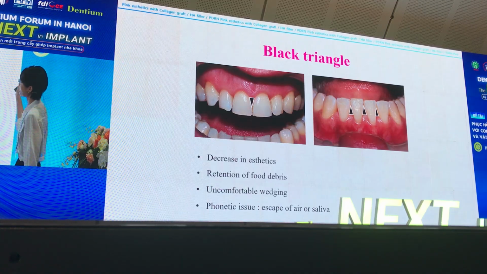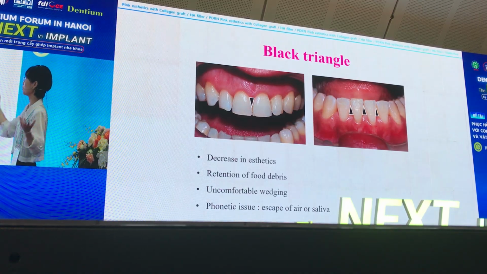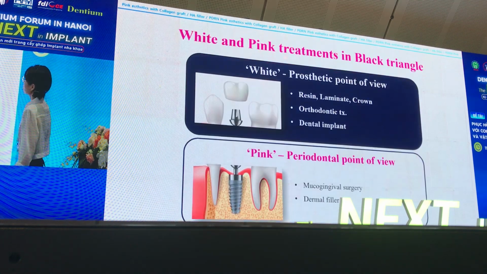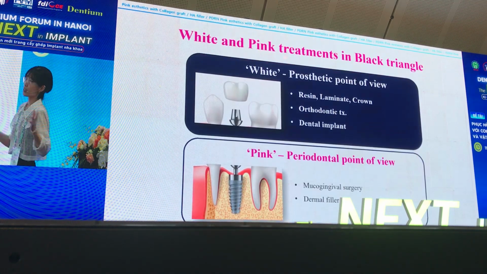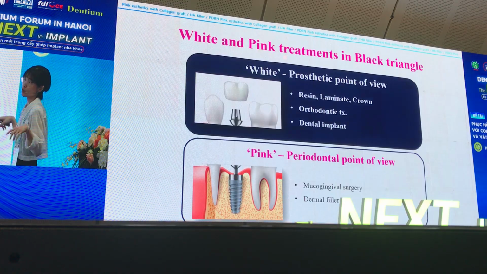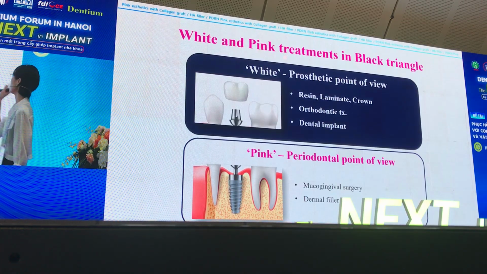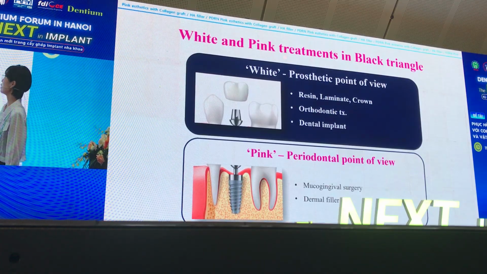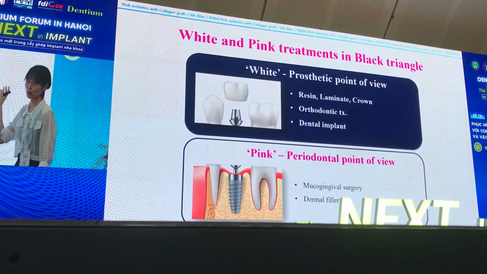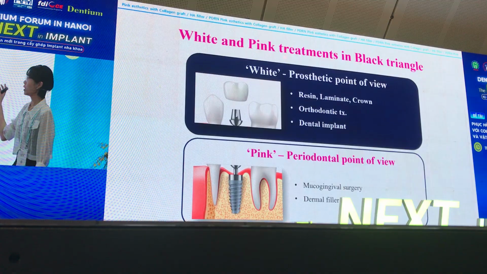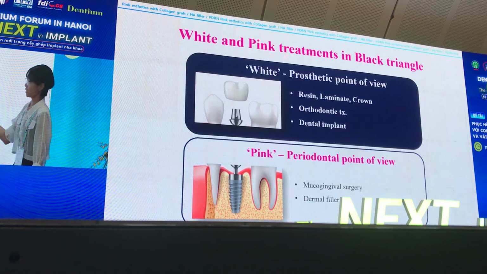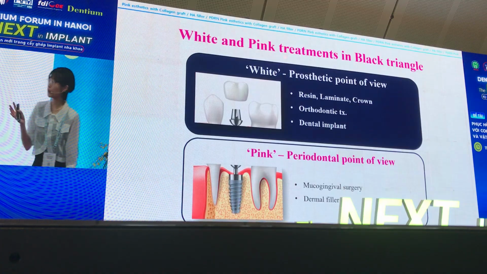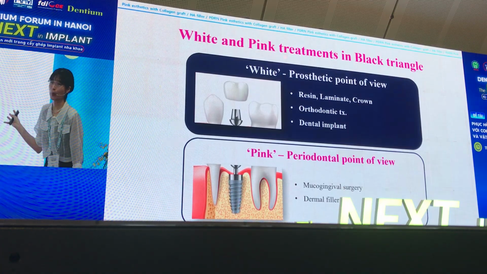It can also cause phonetic issues, the escape of air, and also saliva. There are two represented parts of the treatment of the black triangle. One is the white, which means the prosthetic or restoration part. And the other is the pink, which means the periodontal point of view, including the mucogingival surgery.